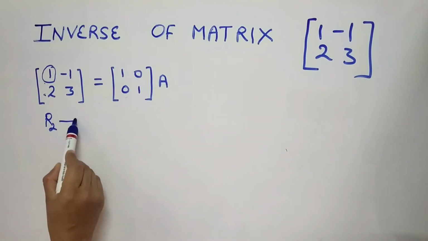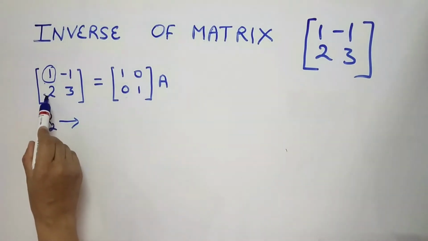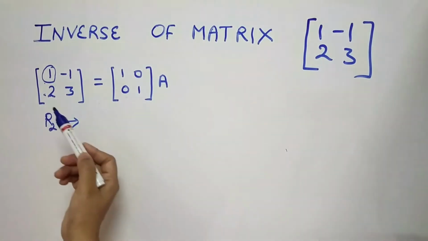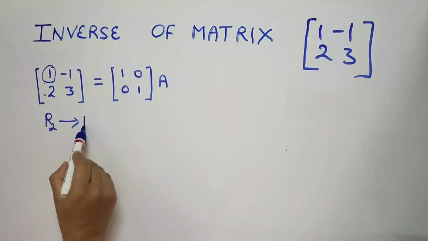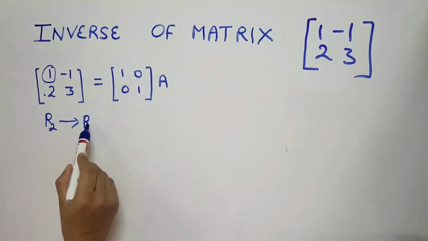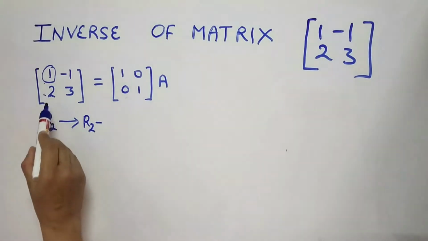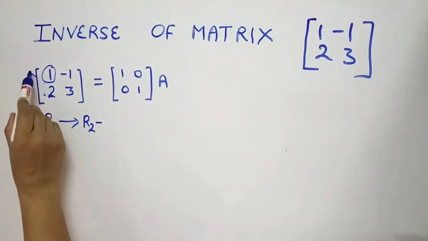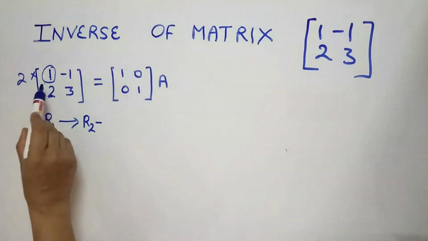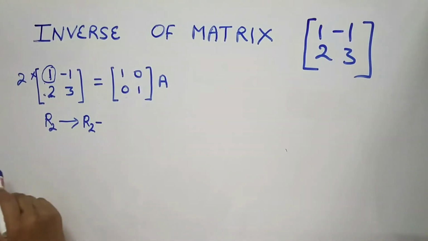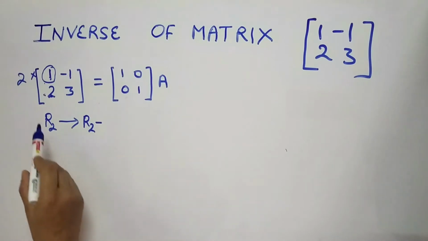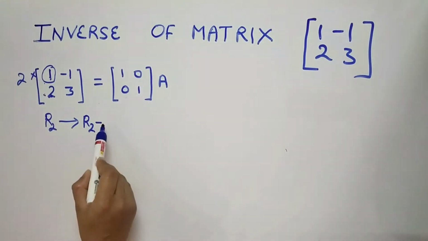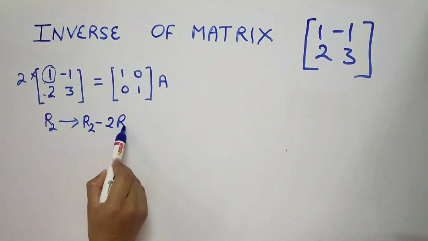So this R2 can be written as, now we want this 2 to be 0. So what will we write? We will write R2 minus. Suppose if you multiply the first row with 2, then 2 minus 2 will become 0. So that's why we will write R2 as R2 minus twice of R1.